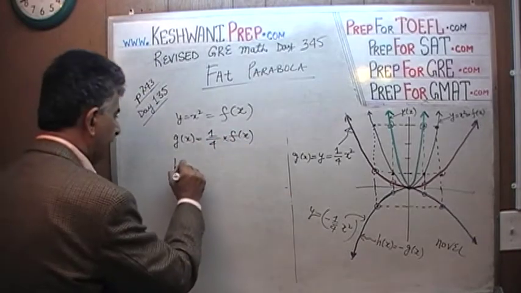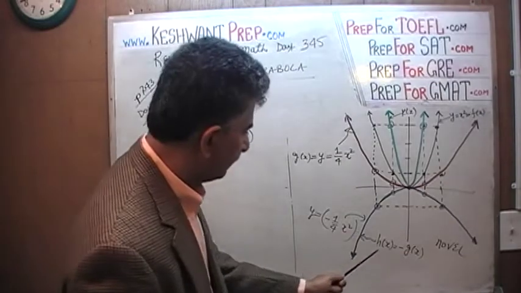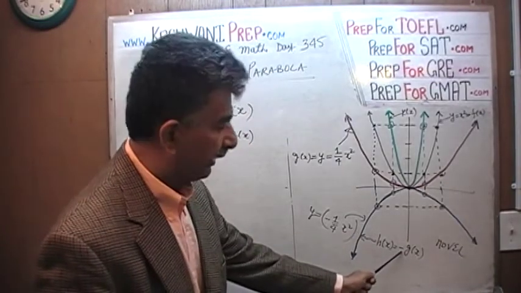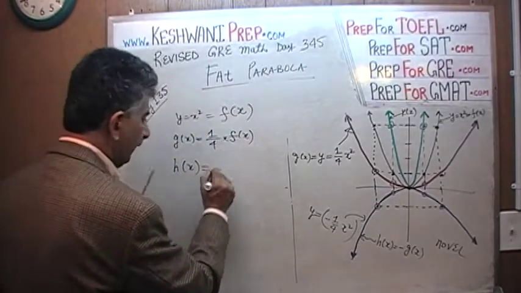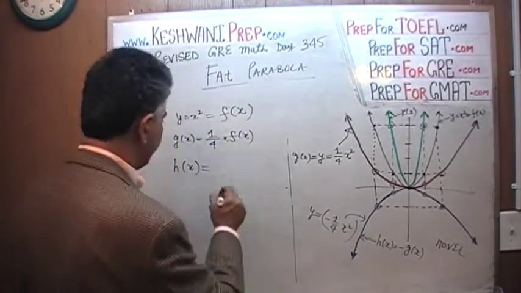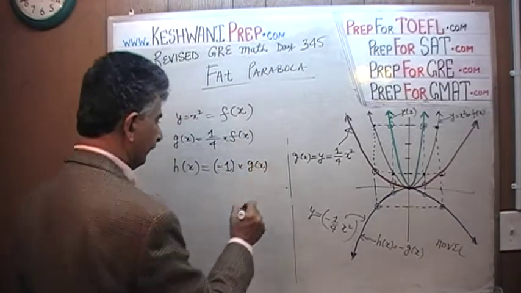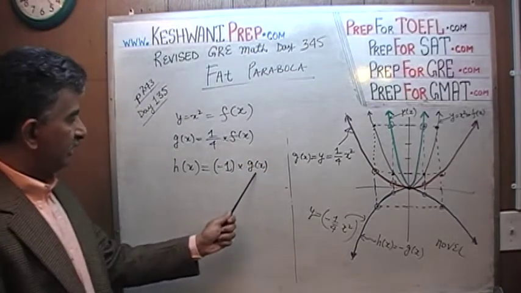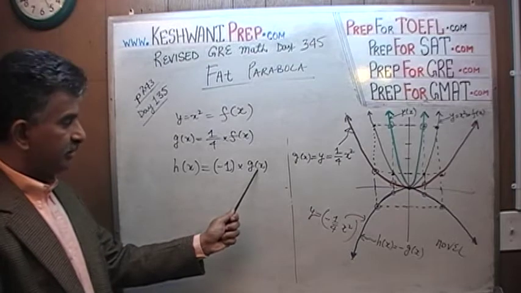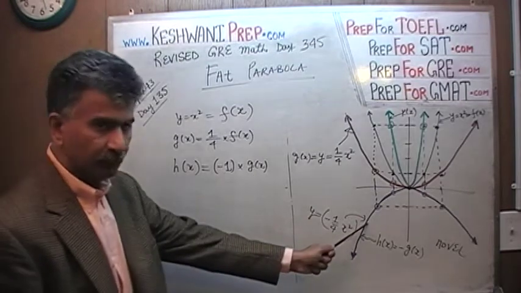And then we have our h of x, which we simply flipped by multiplying by -1. This is simply h of x is negative of g of x. It is simply -1 times g of x. Whatever the shape of g of x was, we just flip it. It becomes upside down, the blue one here.